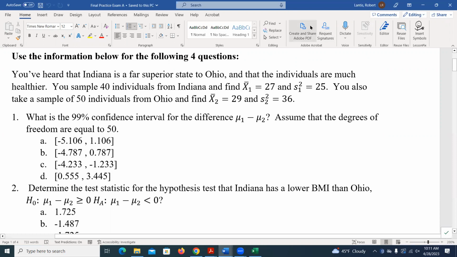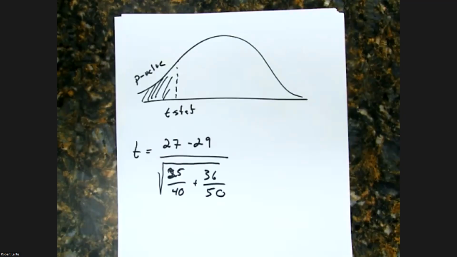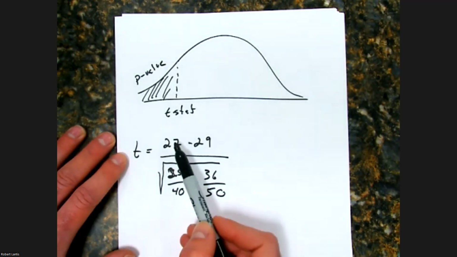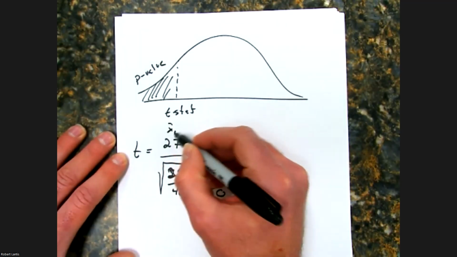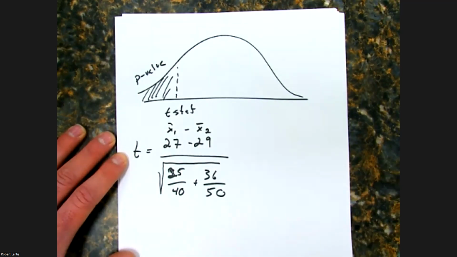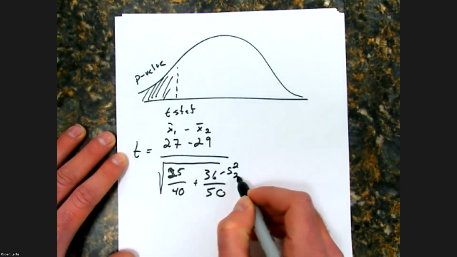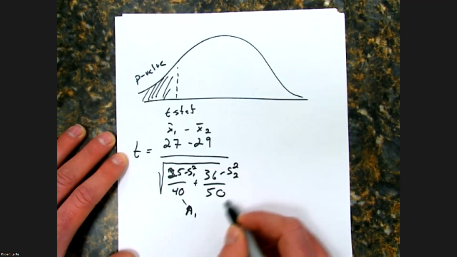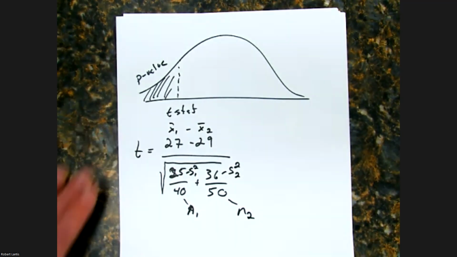All I did was take the values that the problem gave me and plug them into what that equation was on that formula sheet, right, for our test statistic. Take the difference in the sample means. Here, these were our sample variances. Here was our sample sizes. Okay.